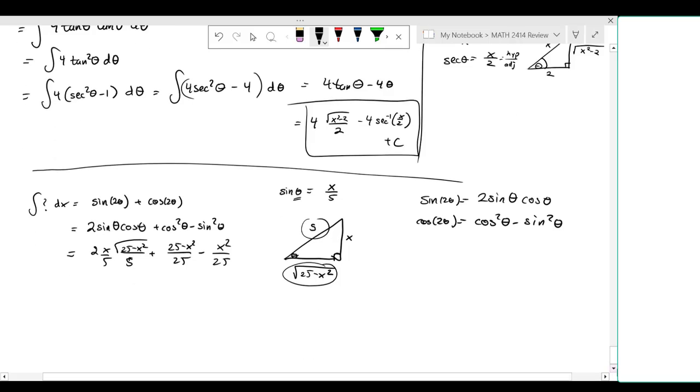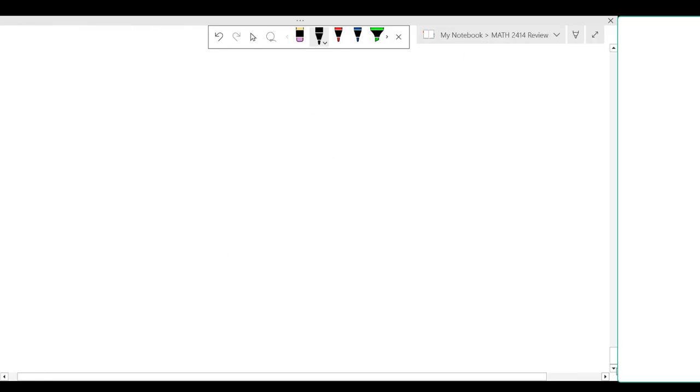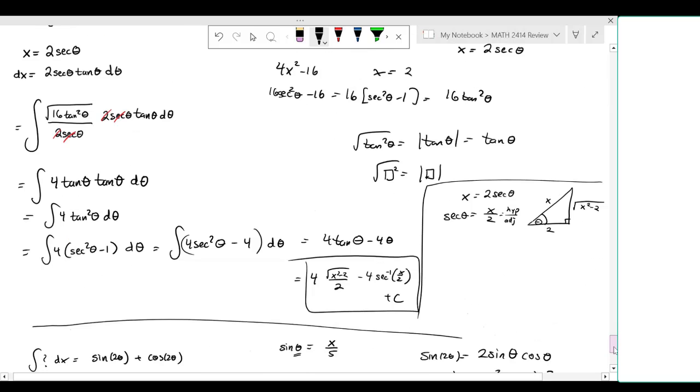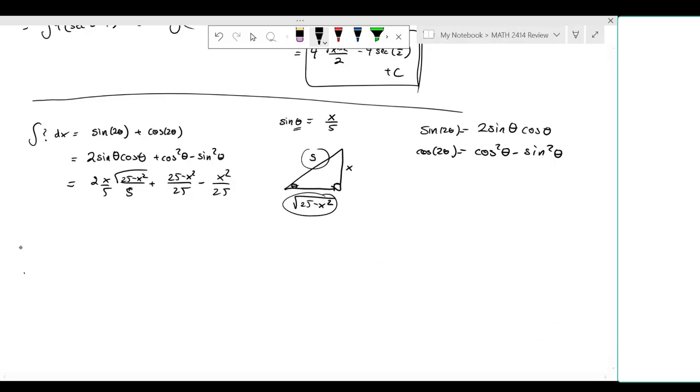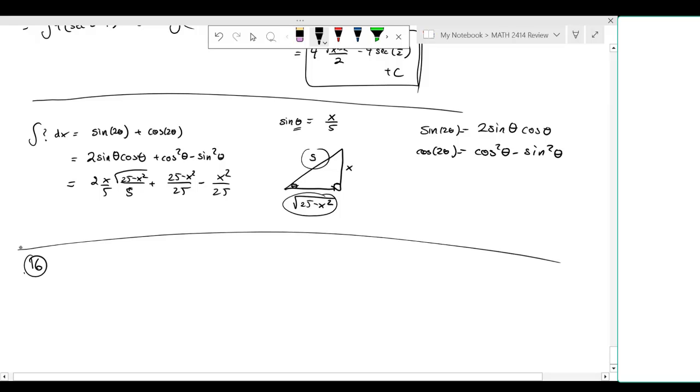All right, and the last case, problem 16. Right, so this is the plus case here.